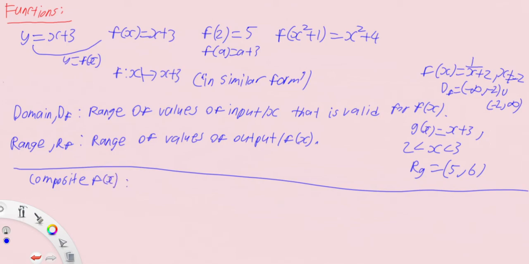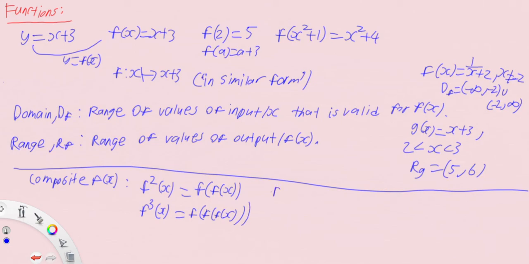So a common example would be f squared of x. This basically means we have f and then we replace all x with f(x). Obviously if we continue this further, f cubed of x would then be f of f of f(x), and so on and so forth.